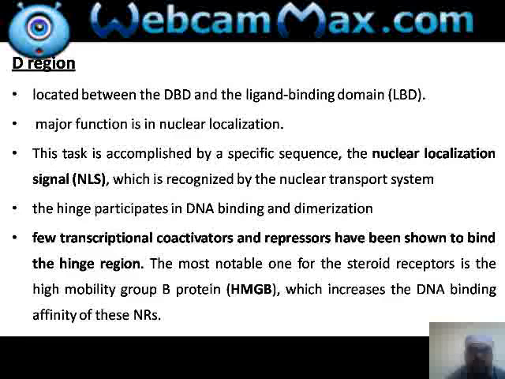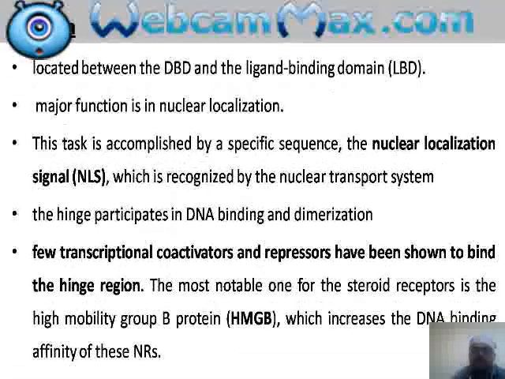One of the factors is the high mobility group B protein. So these structures have their own specificity and their own functions, and as a whole they make up the nuclear receptors, and this allows the binding and mobilization towards the nucleus.